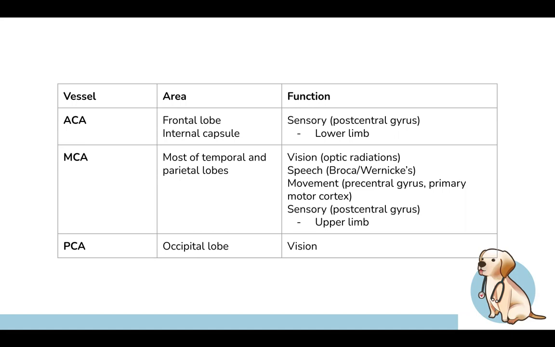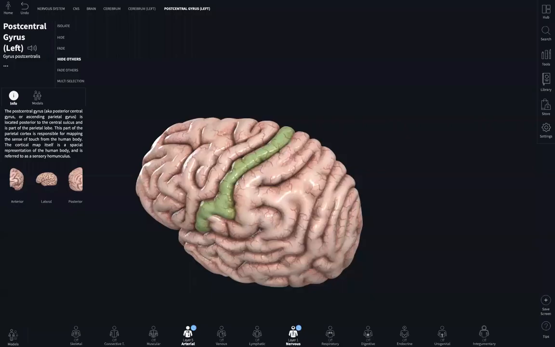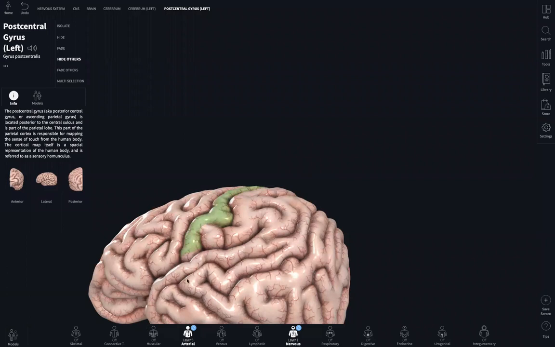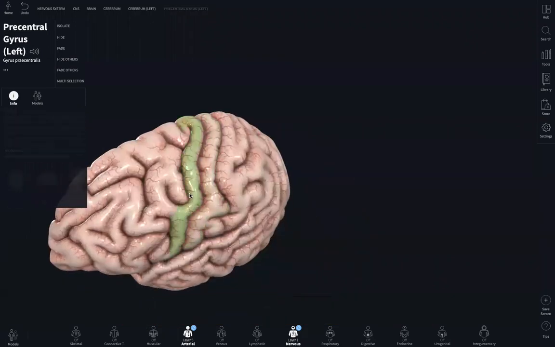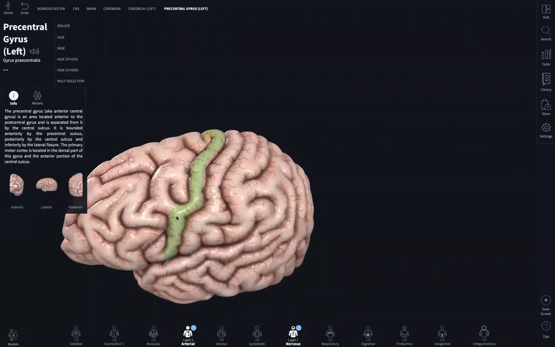You'll have changes in speech because your Broca's and Wernicke's areas are also in those areas. And you can also have difficulties with movement due to your precentral gyrus and your primary motor cortex also being located in the frontal and parietal lobes, which is here, your precentral gyrus.